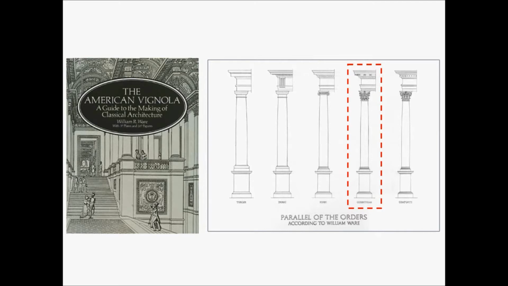First, you'll note the Ionic, its volutes. The Corinthian builds upon that, but the other thing that will be most obvious to many of you is the column capital itself increases in size. This is one of the 3 things that William Ware points out, is this bell-shaped capital.